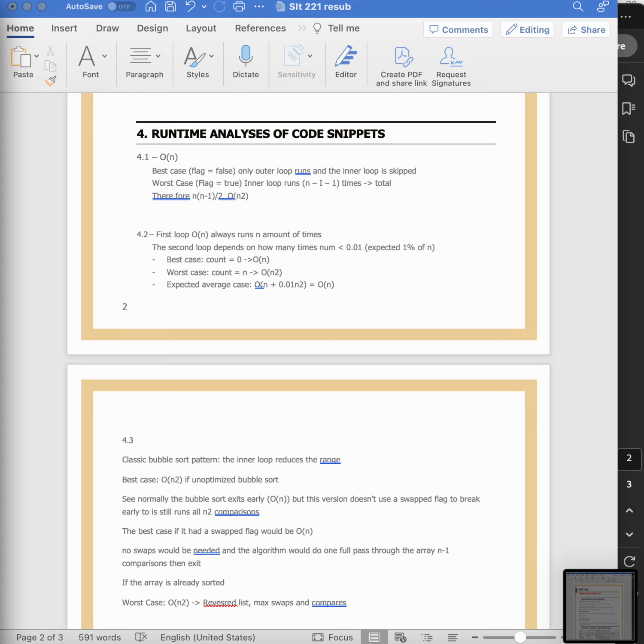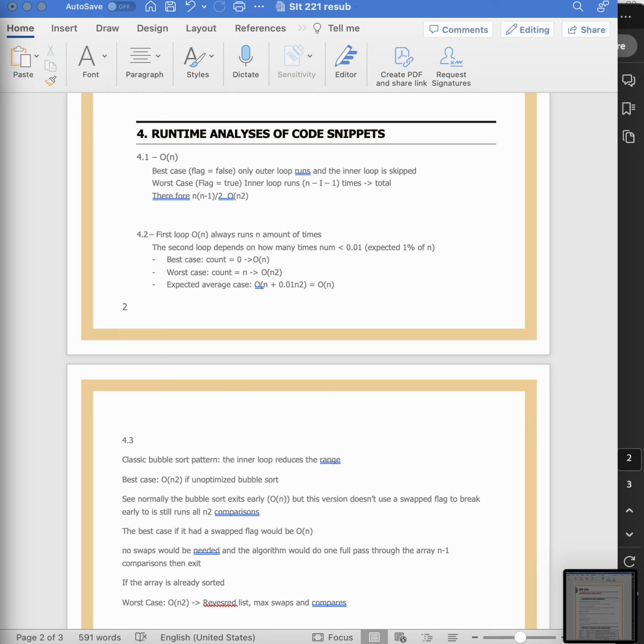So the best case for the first flag was only the outer loop runs, big O linear. And the worst case, if the flag is true, the nested loop will run, what will that run?